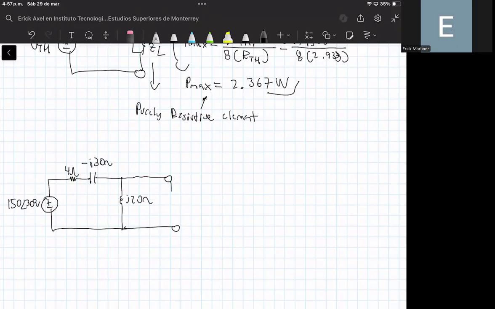And we want to know what is the resistive element. Here we are assuming that we want to connect a purely resistive element, not an impedance. In other words, we want to connect a resistor only. And we want to know what is the value of this resistor that ensures that the circuit can provide a maximum average power transfer.